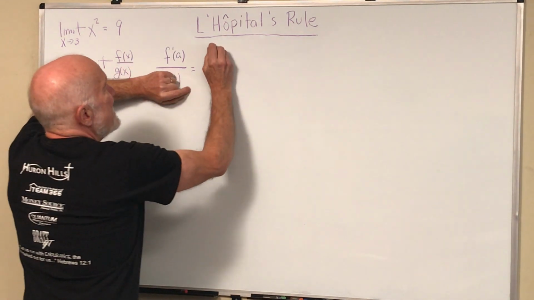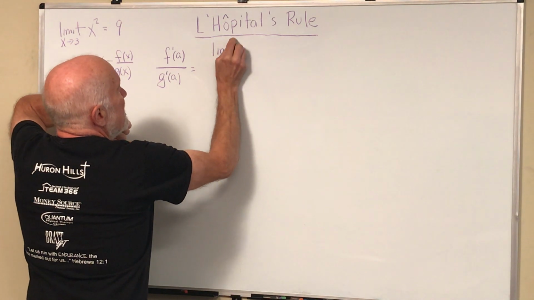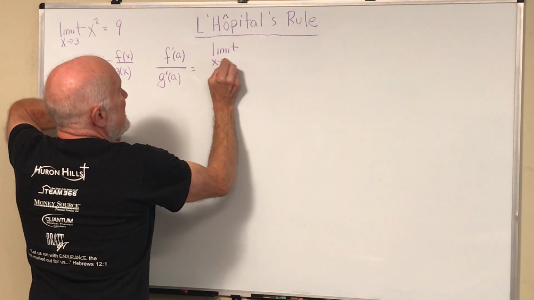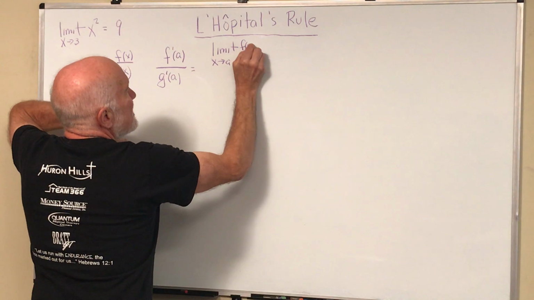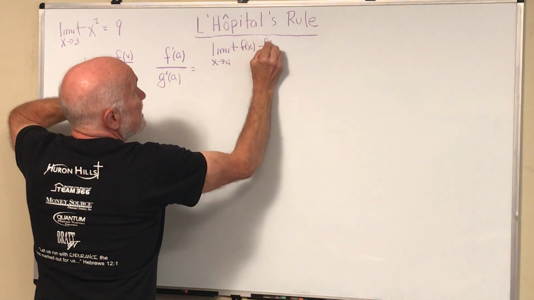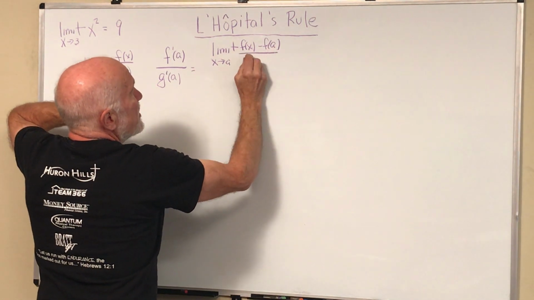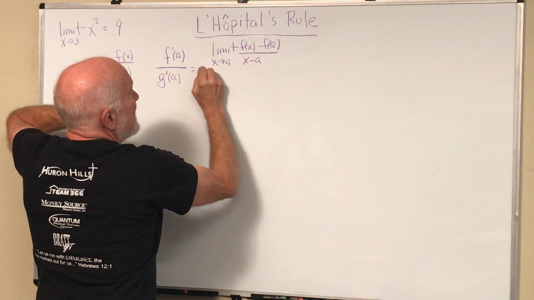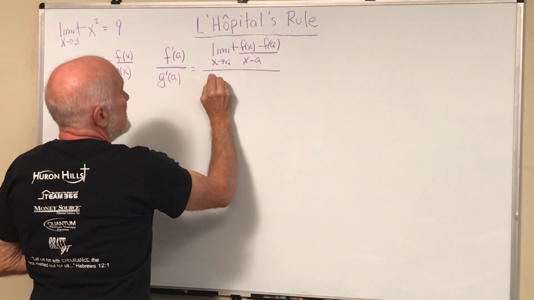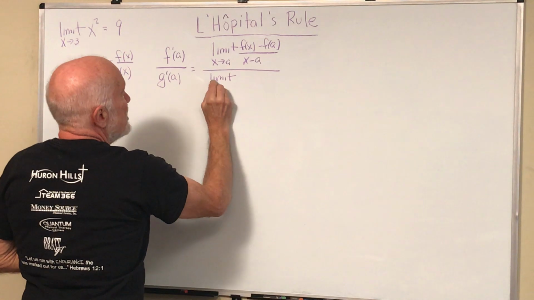So f prime of a is the limit as x approaches a of f of x minus f of a over x minus a, and the same thing down here for g of x.